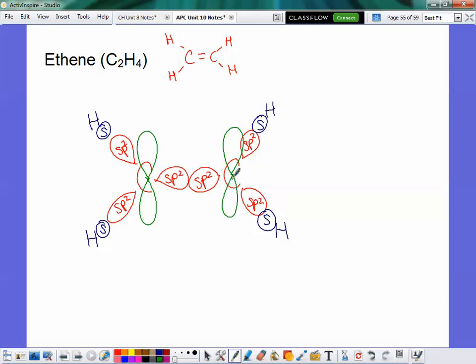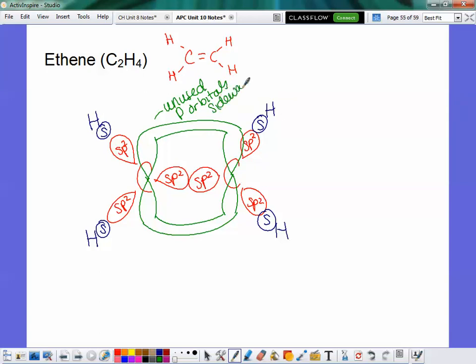And remember, when my unused p orbitals are there, they end up doing sideways overlapping. So we end up getting this sideways overlap, which is from my unused p orbitals.